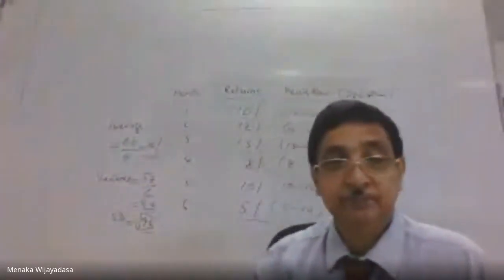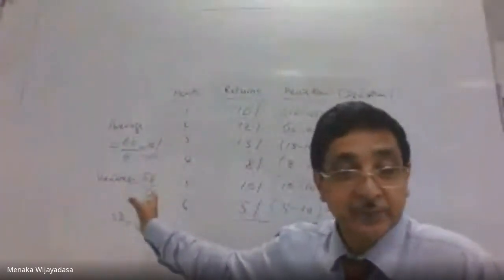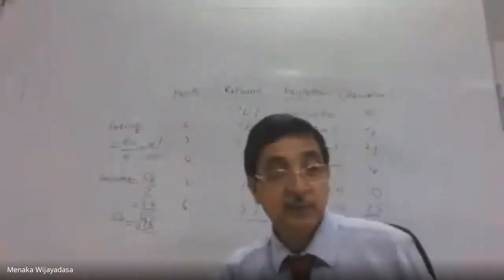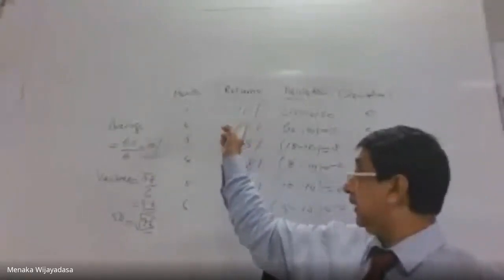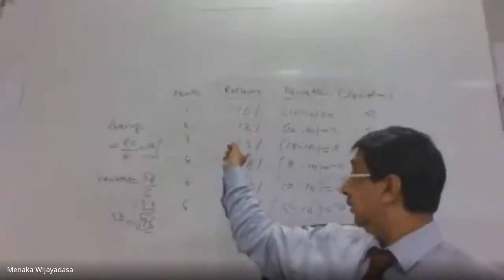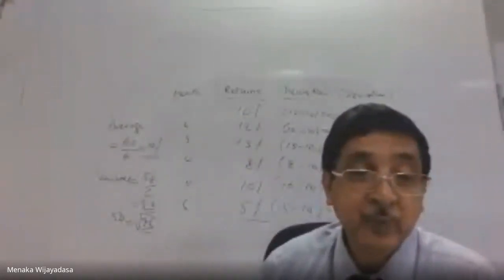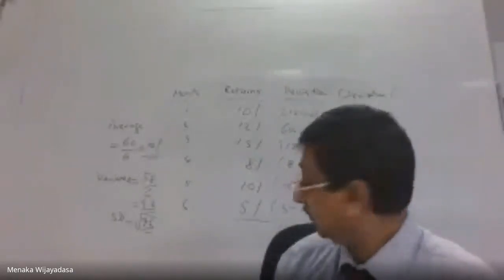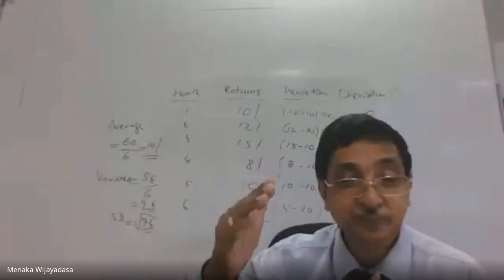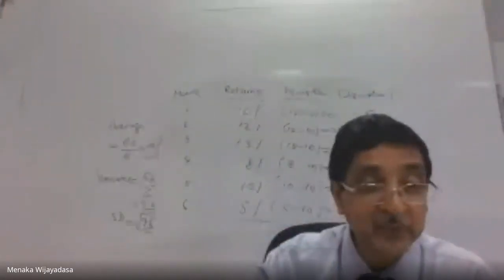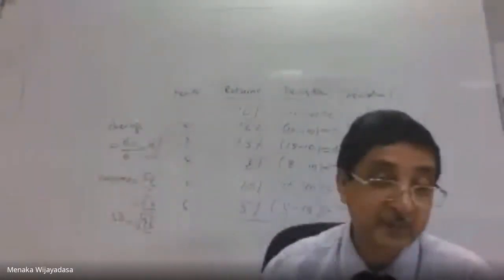Now see, if you have returns of that branch, here you can see the highest value would be 15%, the lowest value is only 5%. So that is a range. But if you take another branch, there can be a higher variation.